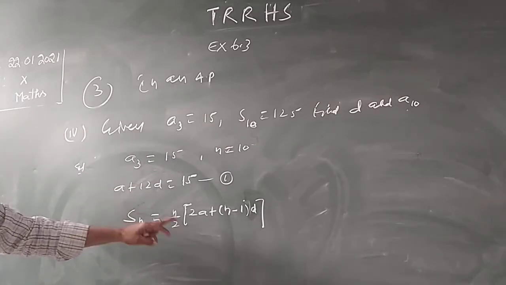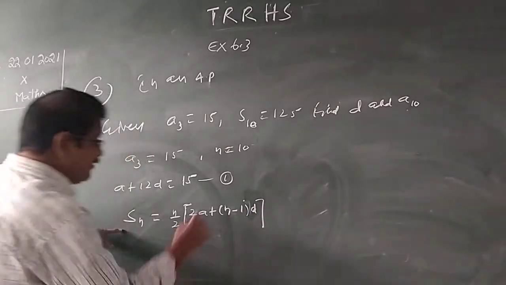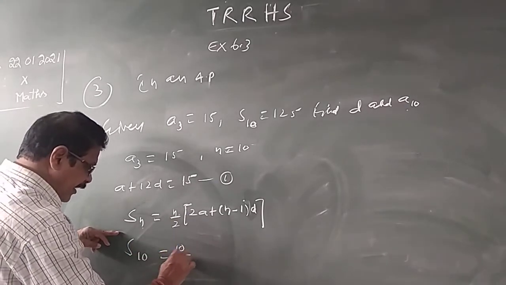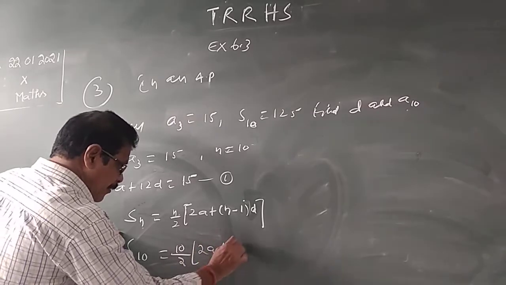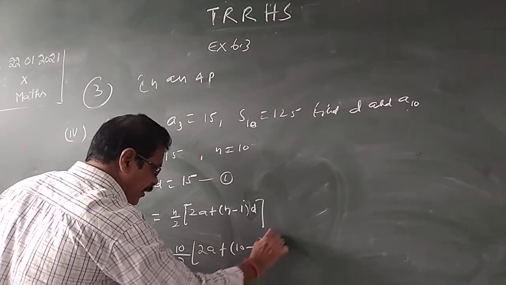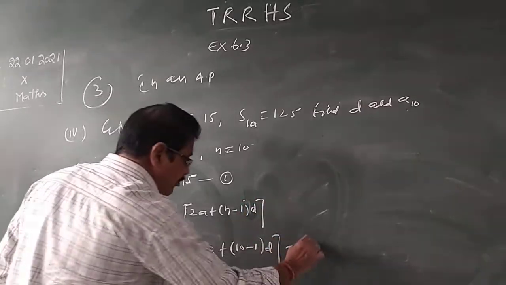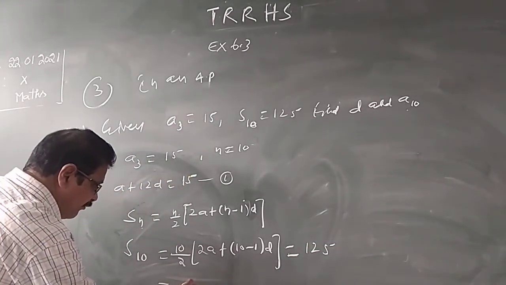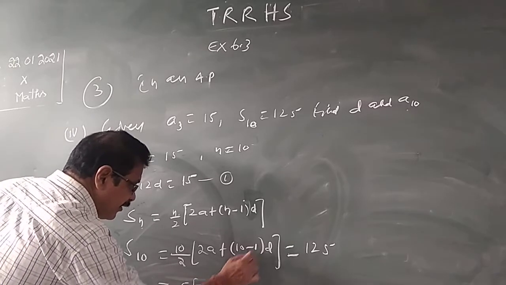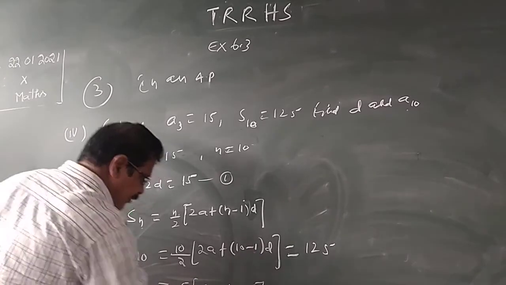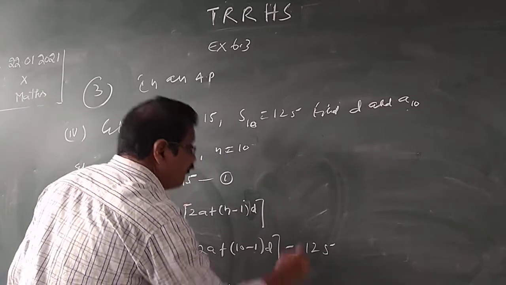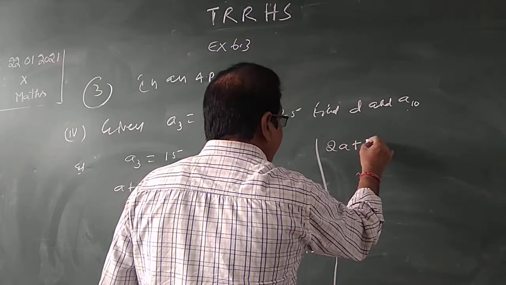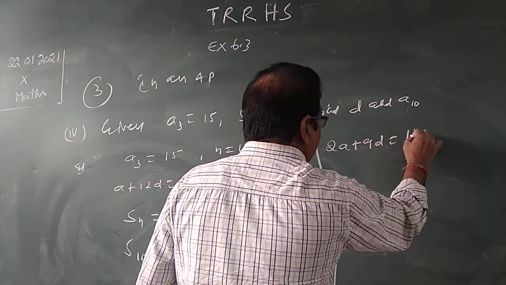Put n is equal to 10: 10 by 2 into 2A plus 10 minus 1 into D, equal to 125. So 10 by 2 is 5, 5 into 2A plus 9D is equal to 125.